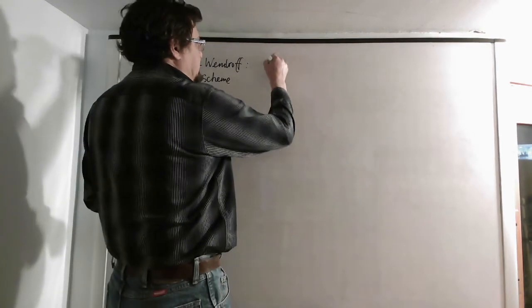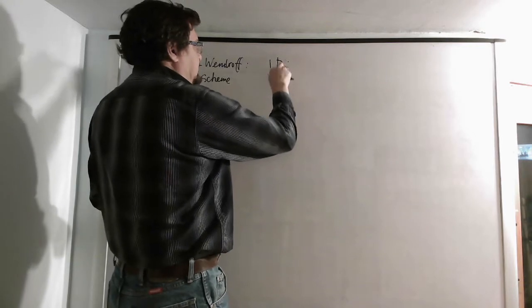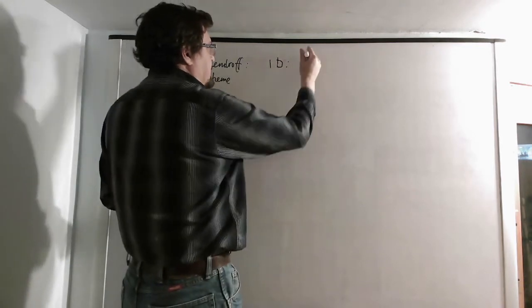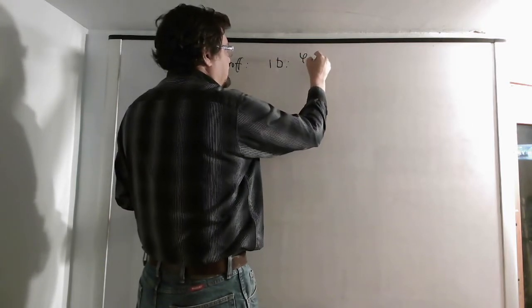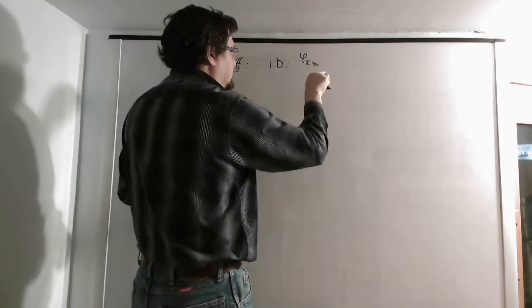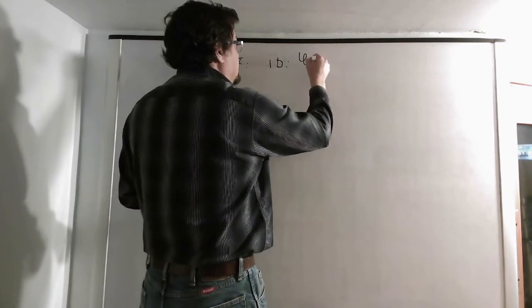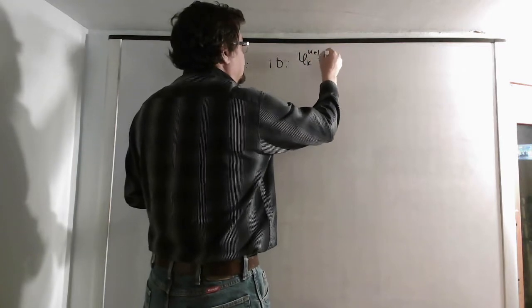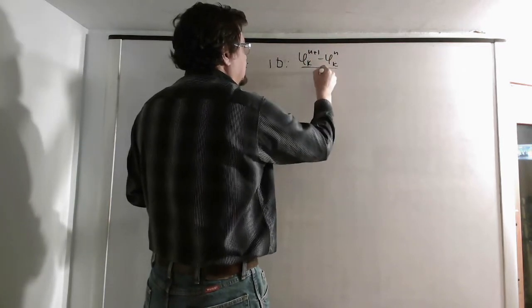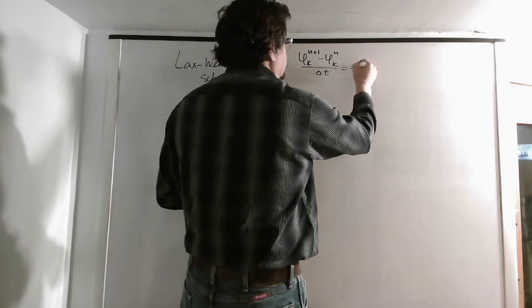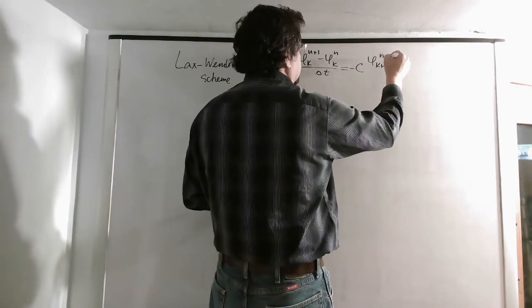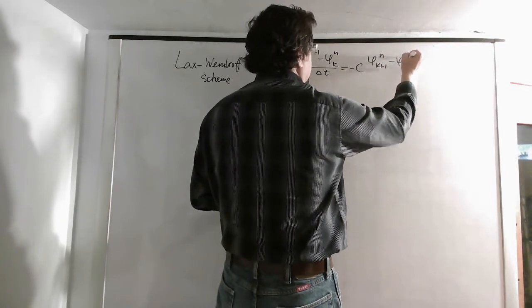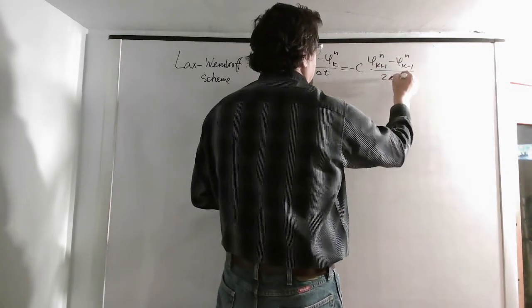So Lax-Wendroff in 1D looks like: phi k n plus 1 minus phi k n divided by delta t equals the advection term, phi k plus 1 n minus phi k minus 1 n divided by 2 delta x.